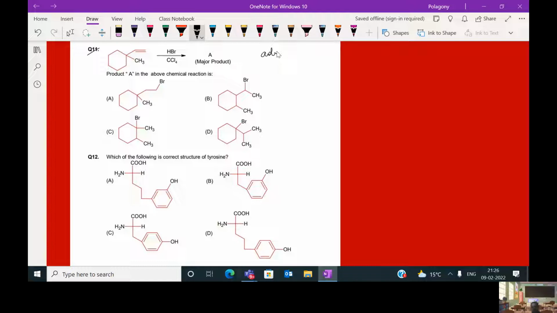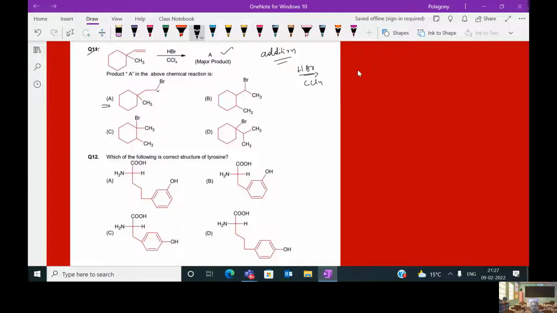What is the major product? So in option A, you can observe where the bromine is attached, and in option B you can see where the bromine is attached, and in option C the bromine is attached, and so now we'll get the answer.